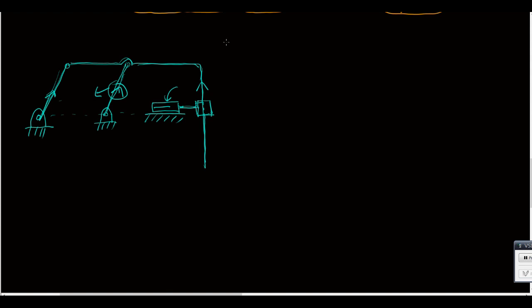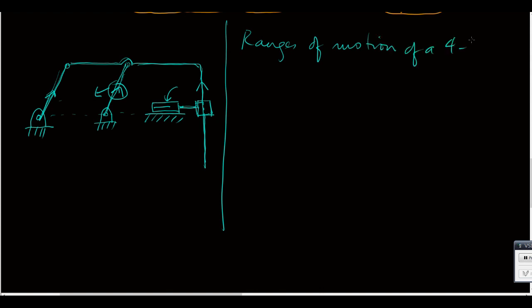We now come to a really important topic, which is ranges of motion of a 4-bar linkage, which is the Grashof criterion.